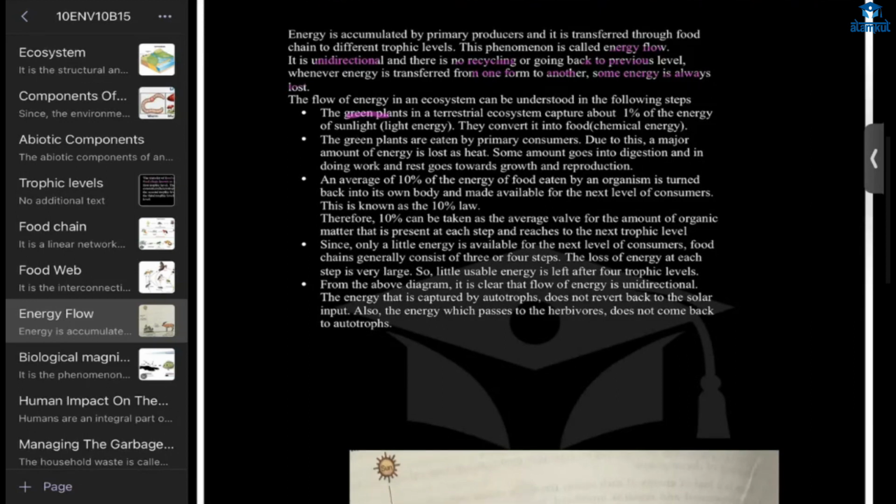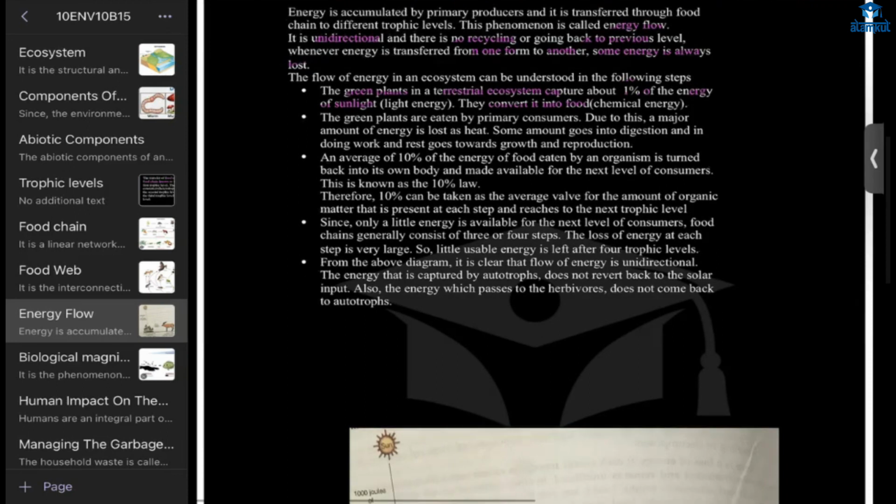Okay, the green plants in the terrestrial ecosystem capture 1% of the energy from sunlight, and what do they convert it into? Food: carbohydrates, glucose. The green plants are eaten by the primary consumer. Due to this, a major amount of energy is lost as heat.